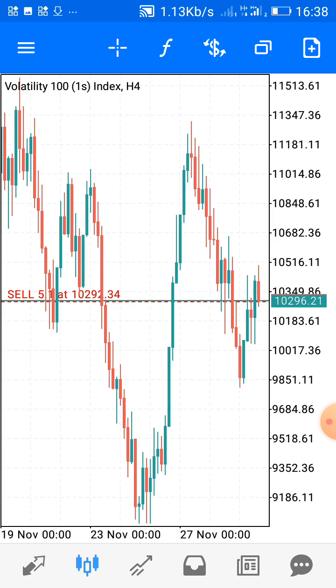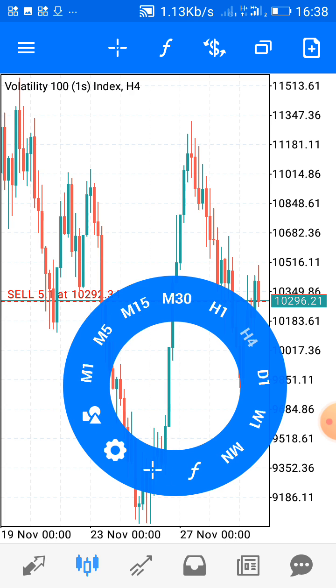So don't get scared by the charts. The smaller the time frame, the bigger the gap between your entry point and the quotes. The bigger the time frame, the smaller the gap between your entry point and where the quotes are.